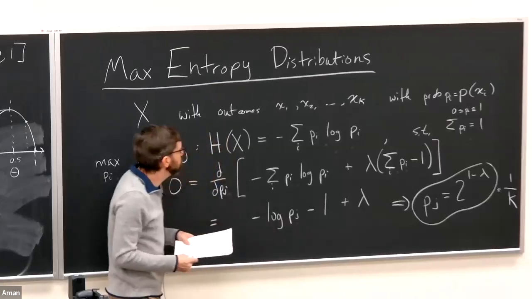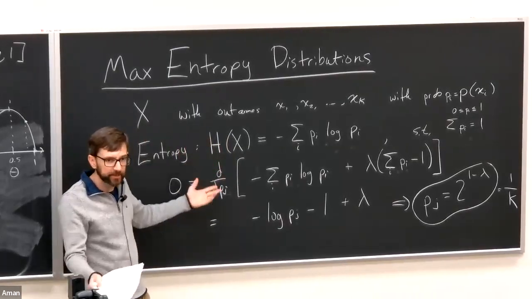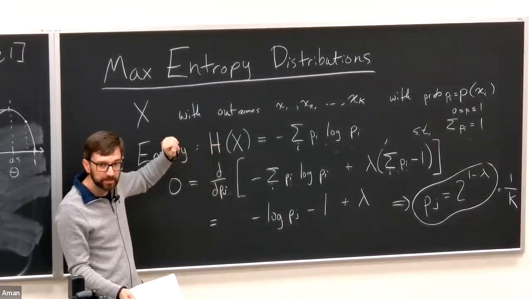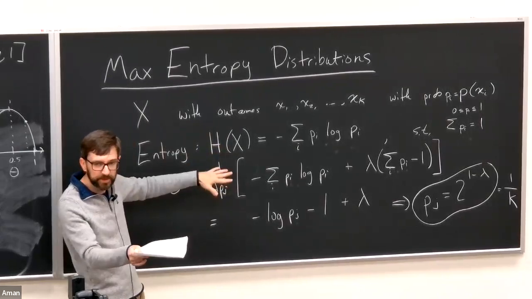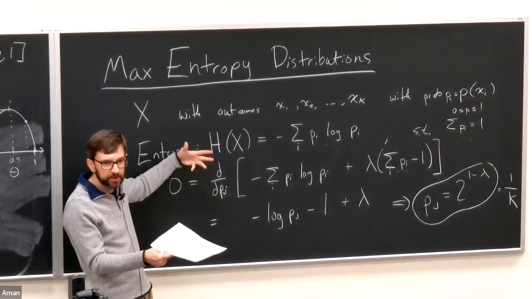So if you maximize entropy over all possible discrete distributions of k outcomes, you get a uniform distribution. That's the distribution that maximizes entropy.